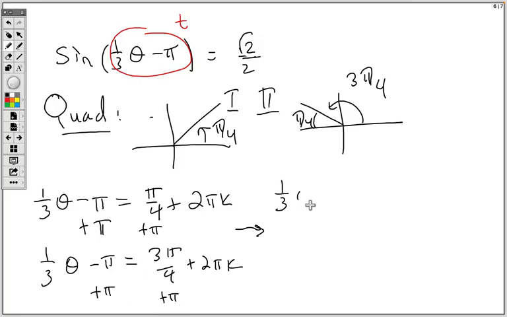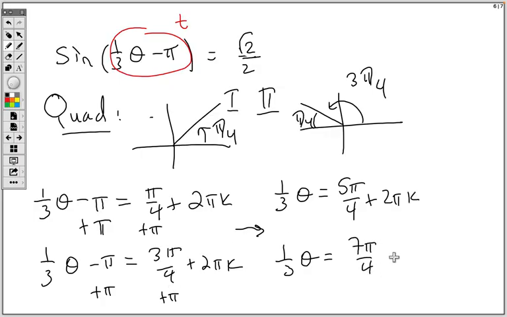So 1/3 theta, pi over 4 plus pi, that's pi over 4 plus 4 pi over 4. That gives me 5 pi over 4 plus 2 pi k. 3 pi over 4 plus pi would be 3 pi over 4 plus 4 pi over 4. That's 7 pi over 4 plus 2 pi k.